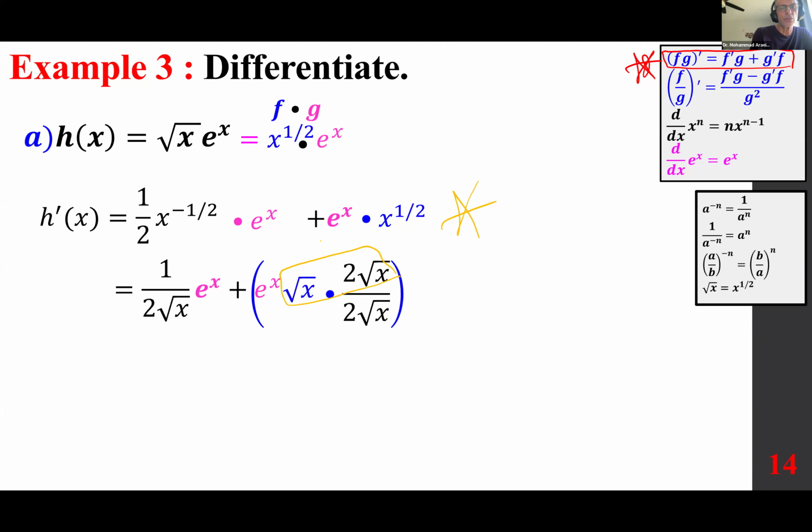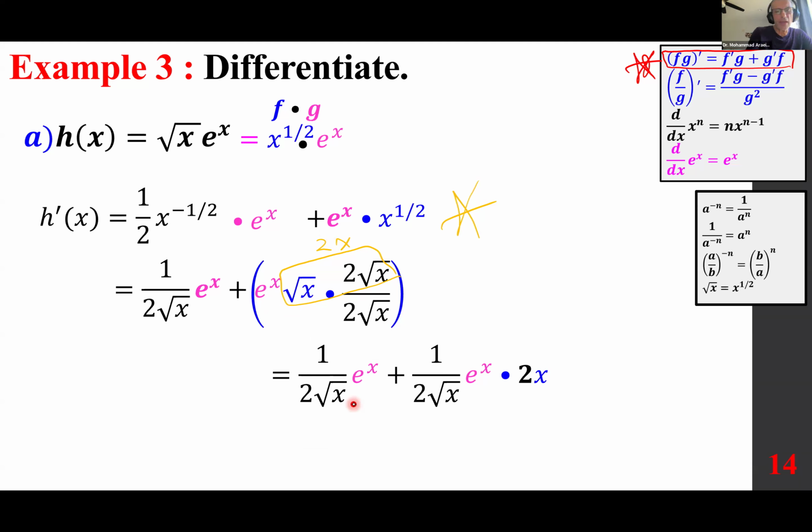In essence, you really need to notice this is 2x. So what we are looking at is 1 over 2 square root of x times e to the power of x for the first one. Same thing, 1 over 2 square root of x times e to the power of x, and then times 2x, which means this piece is identical, and we can factor it.